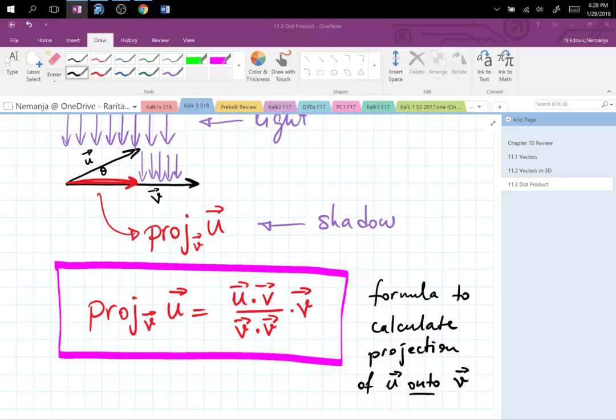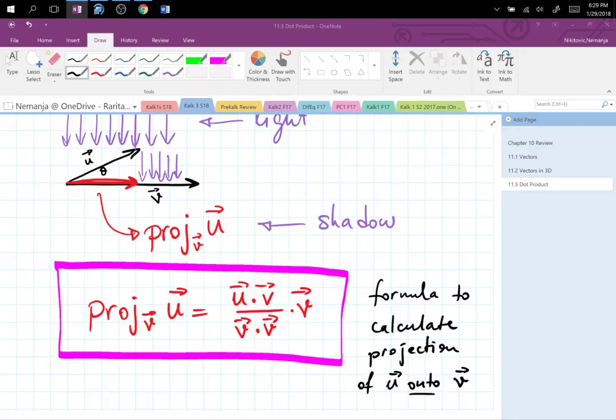The angle for vector u determines the length of the projection. Now, your projection is a vector. The red arrow, what I call the shadow, is a vector. It has to have magnitude and it has to have direction.